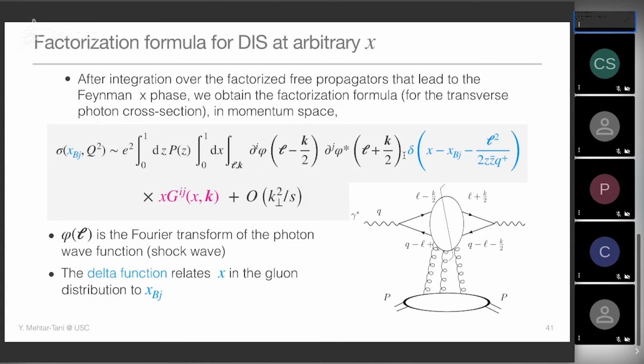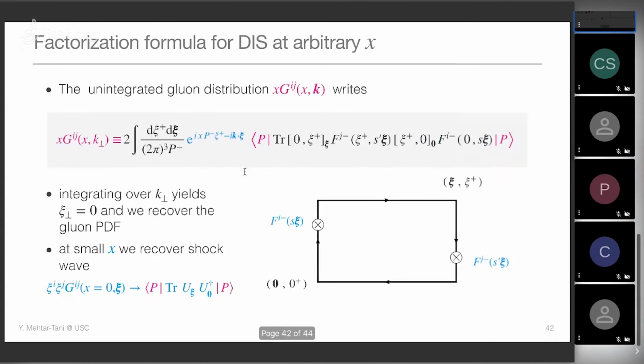Now the difference is that now you have an explicit x dependence, which correlates Bjorken x to the kinematics of the QQ bar pair here. And this is given by this delta function. So now we have kind of solved this mystery of the connection between Bjorken x, the left-hand side, and the right-hand side. Then you get this gluon distribution, which is not very different from the dipole distribution, but it has this structure here.